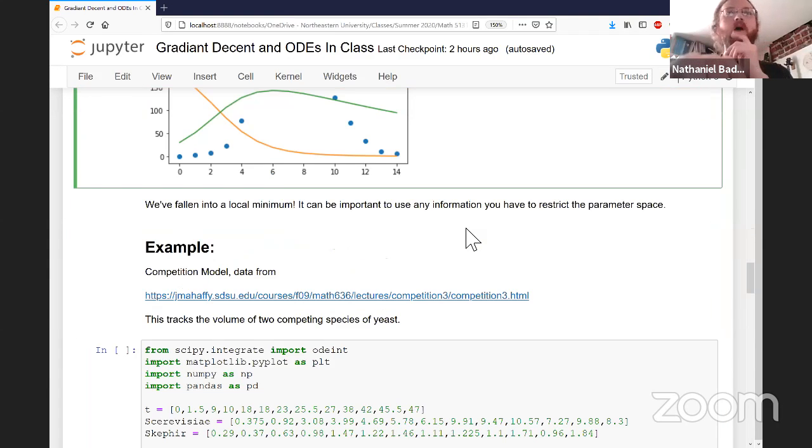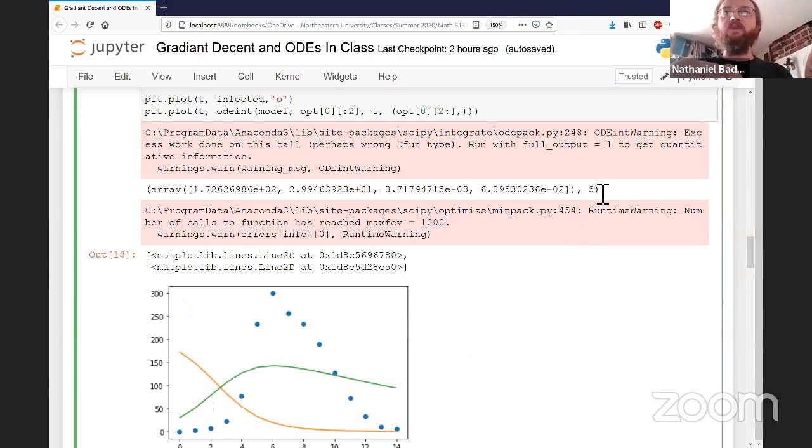Okay. Oh, and Anjali, for your previous question, you can see that we've hit a 5 here, right? So when we did this, it is returning a 5, which basically means that it knows that something's gone wrong. In this case, it reached the maximum number of iterations without doing well.